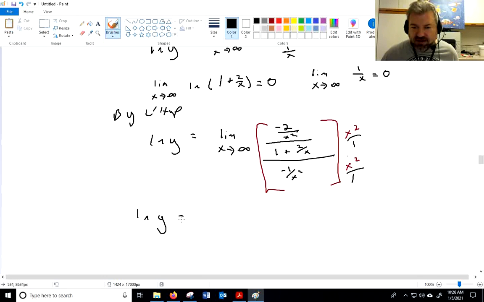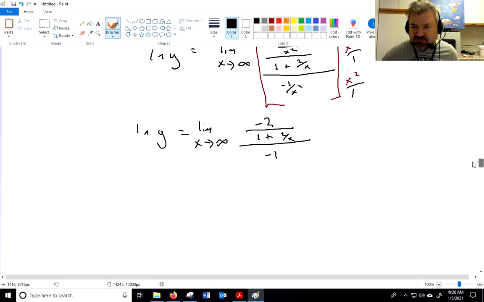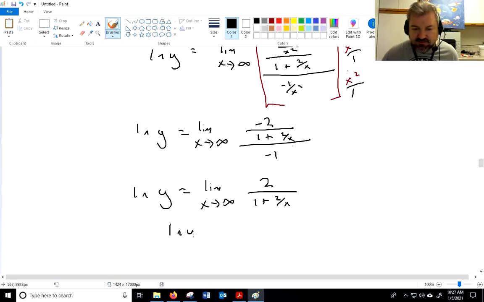So the natural log of y is equal to the limit as x approaches infinity of negative 2 on top over 1 plus 2 over x, over, well, just a negative 1, which we can reduce even more to just positive 2 over 1 plus 2 over x. Now if I plug in infinity, I get 2 over 1, which is 2. So we know that the natural log of y is equal to 2.